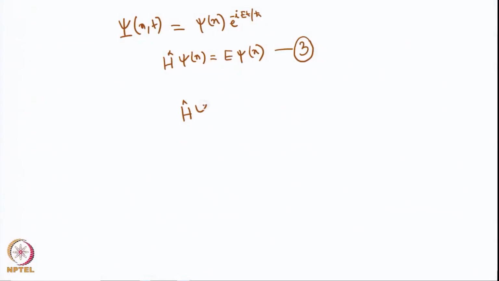Typically for a time independent Schrodinger equation, there are many solutions and they are of the form H psi n is equal to E n psi n, where n is the quantum number. Now, you get many such solutions for this.